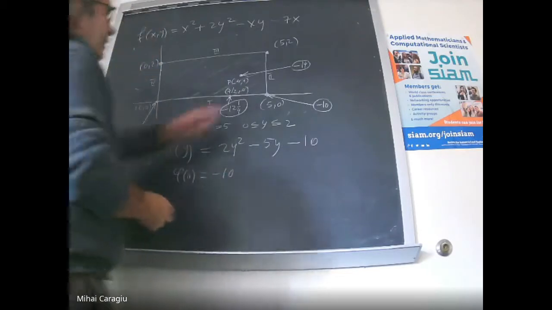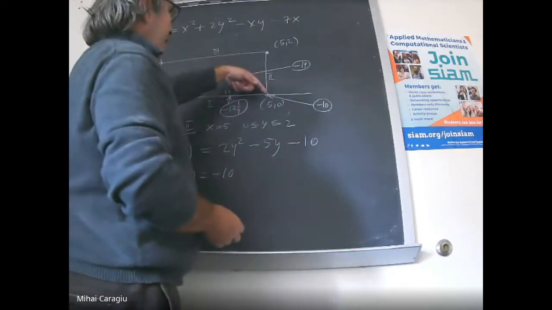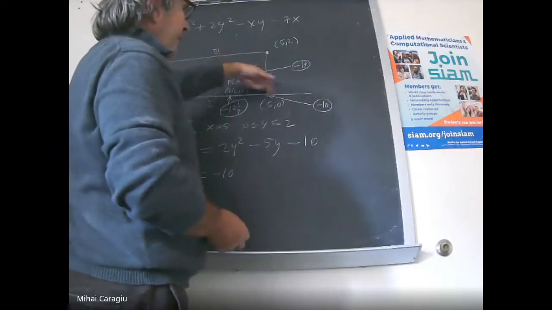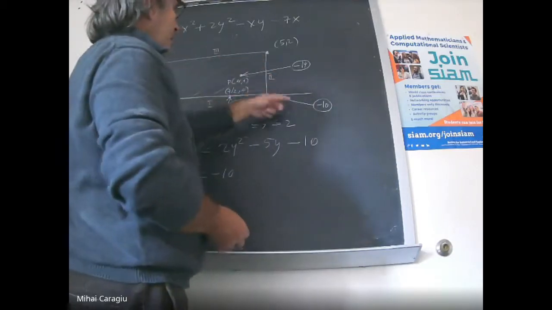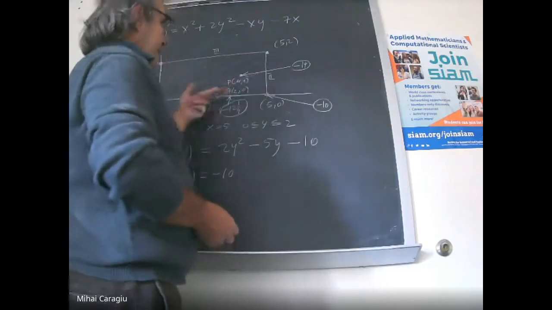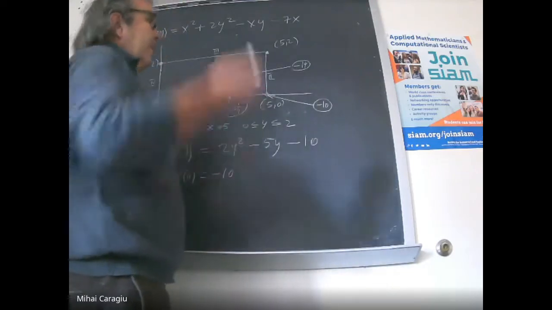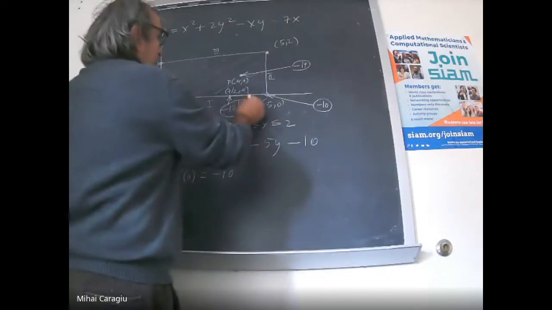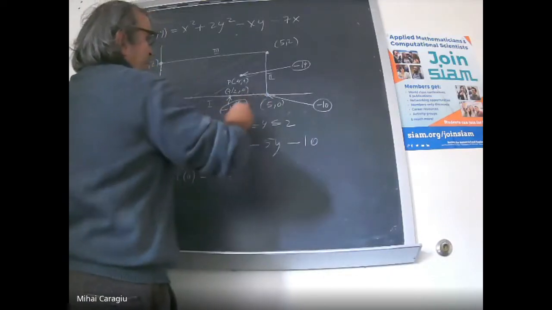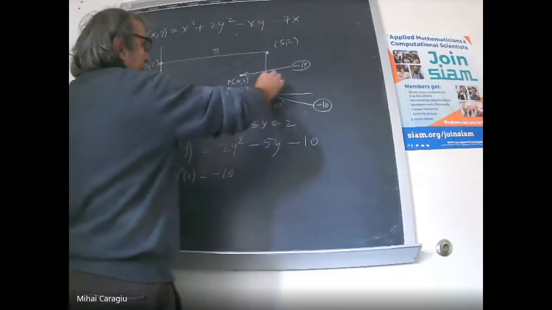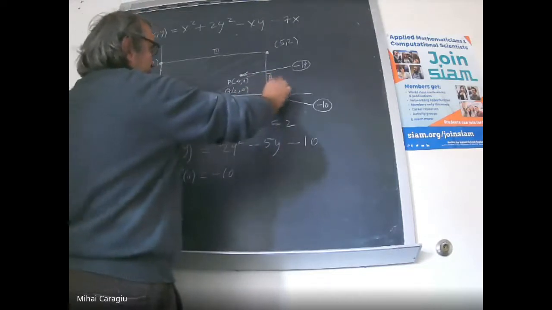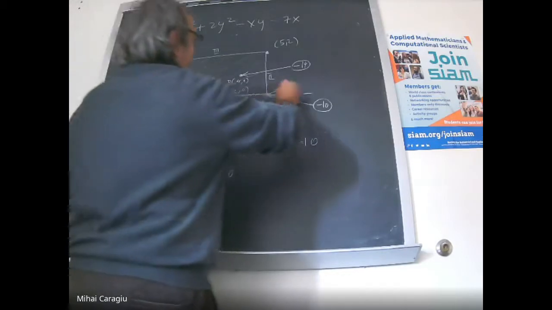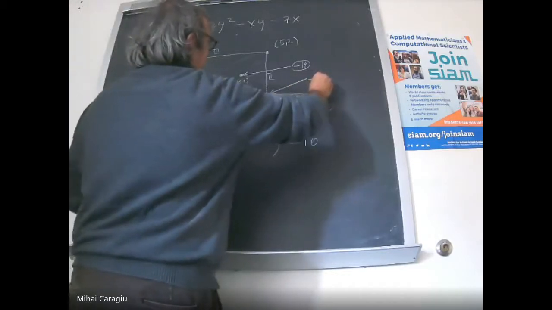Very important: the annotations along side 2, if we look towards the vertex, should be the same as the annotation on side 1 if we look from the left towards its vertex, because of the continuity of the function. So the limit of the function as we approach the lower right corner is the same whether you approach it this way or this way. So phi of 0 equals minus 10, so we annotate this one and put a minus 10.